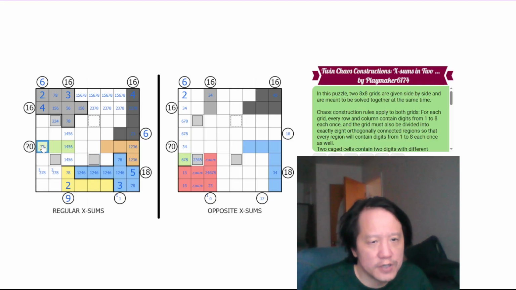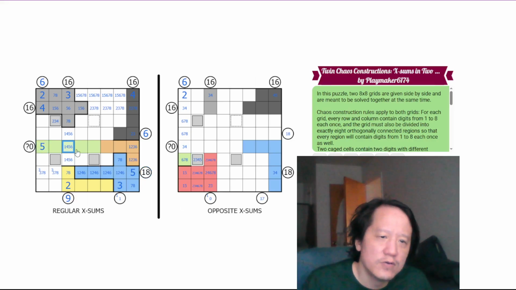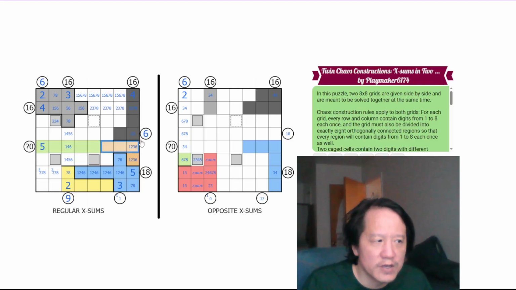This adds up to 10 or 20. We're not sure. Can it be 5 then? So we have all green. That would force this to be 5. This would add up to 20. This would have to add up to 36 minus 20, which is 16. So possibly.